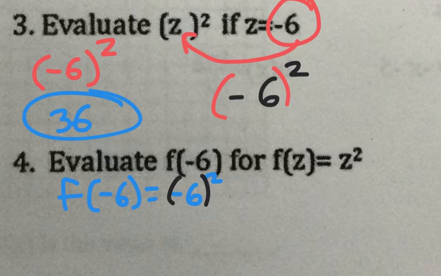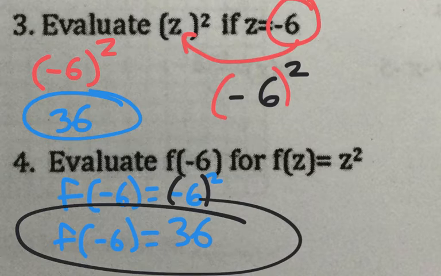That would equal f of negative 6 equals 36. And so f of negative 6 is negative 6 squared, which is 36. Questions there? You see how it started in function notation? So my answer's in function notation.